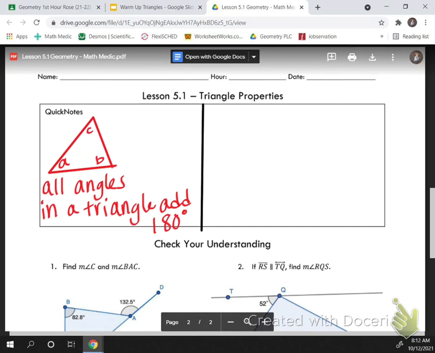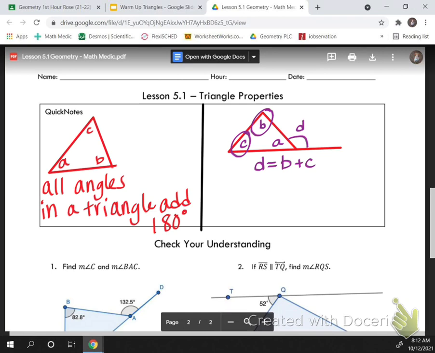There's one other one in 6 and 7. Maybe you guys saw it, maybe you didn't. Refocus here. If I have C here, and B here, and A here, and let's just call this exterior angle D, basically that exterior angle will add up to these two that are not adjacent to it. Remember, adjacent means next to.